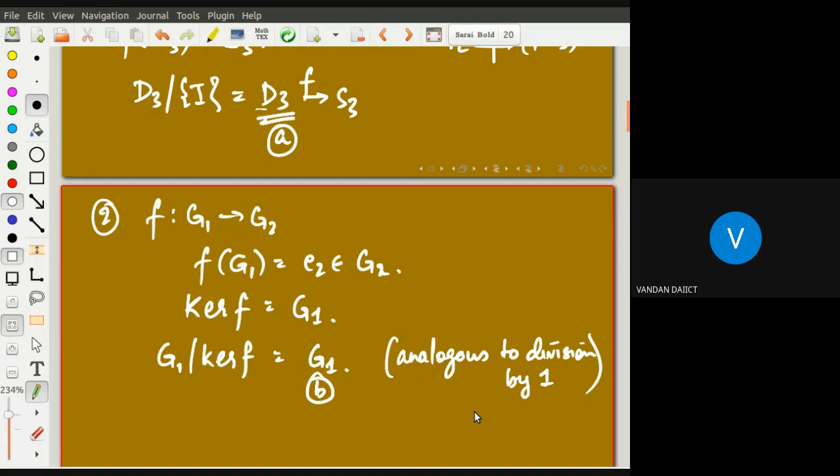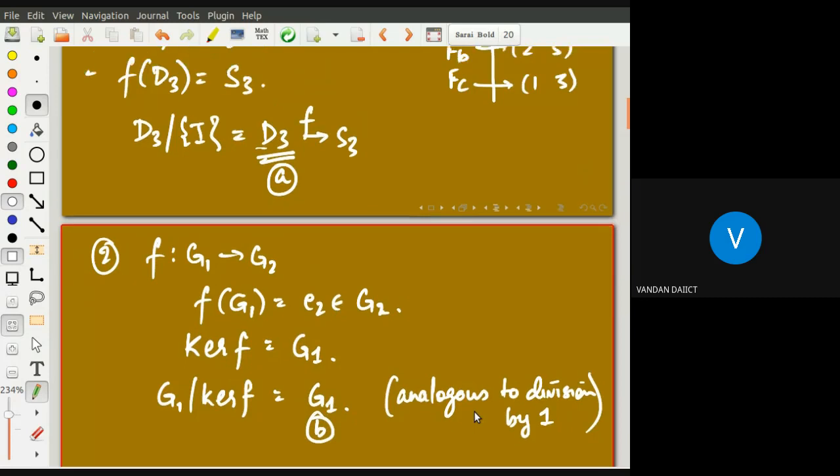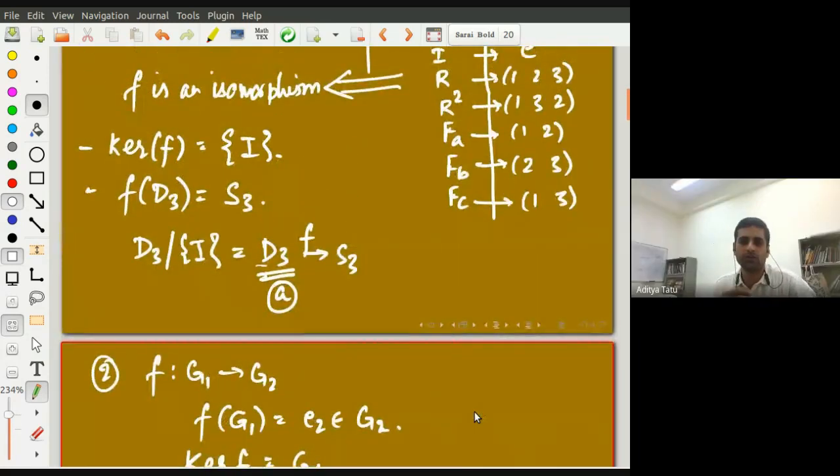Okay, sir. But sir, if we see with respect to the number of elements in the group, in the first example it looks like a division by 1. No, see, when I'm saying division by 1, I'm looking at remainders. I'm not trying to divide the elements.